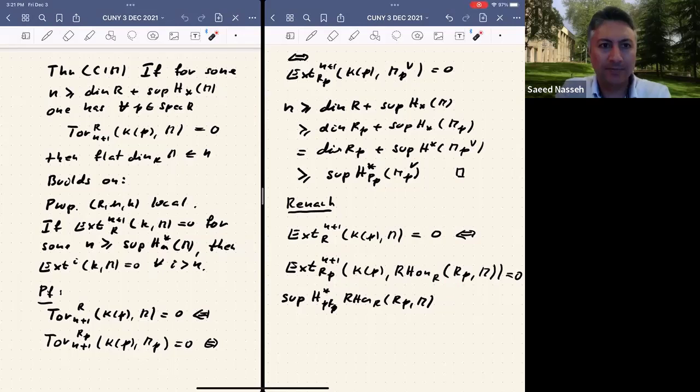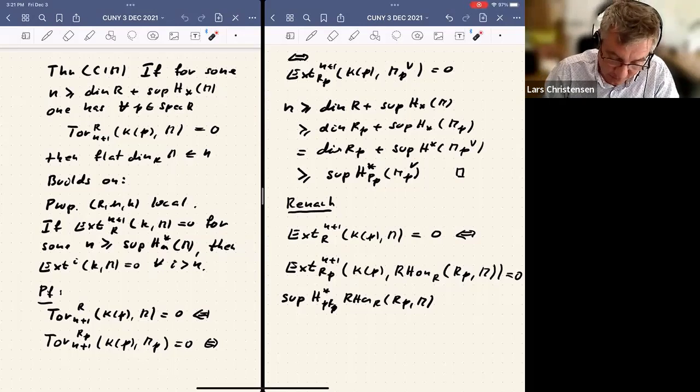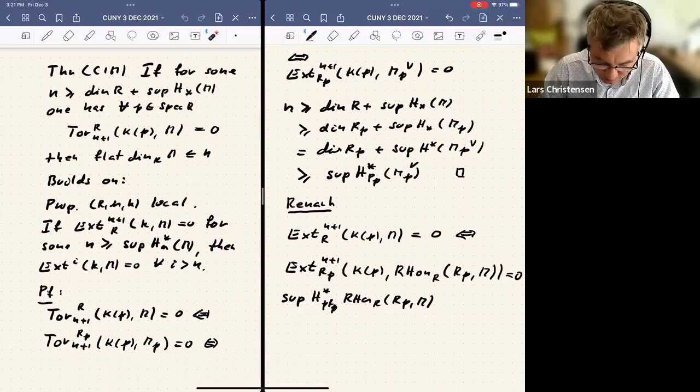Right. Thank you. So what can I say about this thing here? Well, the only thing, what did I do above? Well, I just said, well, I know a way of bounding local cohomology by just using the dimension of the ring and the cohomological supremum of the complex. So if I do the same thing in this case, then what do I get?